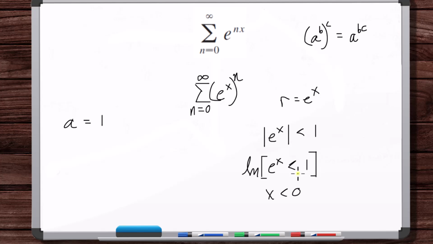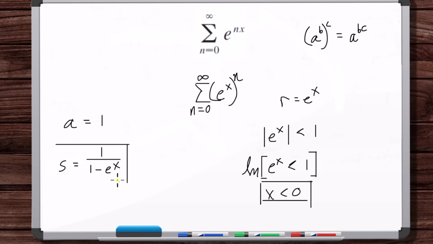And this makes sense. E to the 0 is 1. Anything greater than 0 gives something greater than 1. But when x is less than 0, e to the x becomes less than 1. And then the sum is 1 over 1 minus r. And there we go.